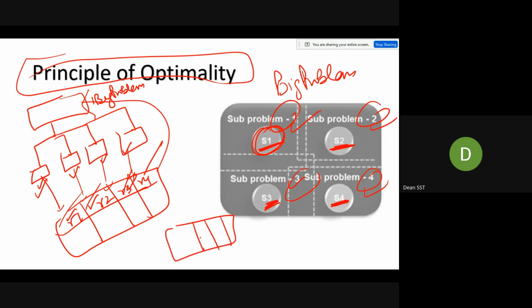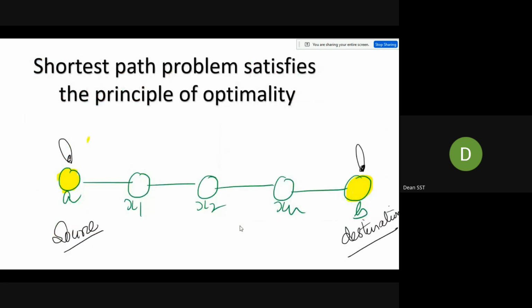Here we have a table with the solution of problem 1, solution of problem 2, solution of problem 3, and solution of problem 4. We store the solutions of the subproblems and use them later. This is known as the principle of optimality. See how the principle of optimality works.